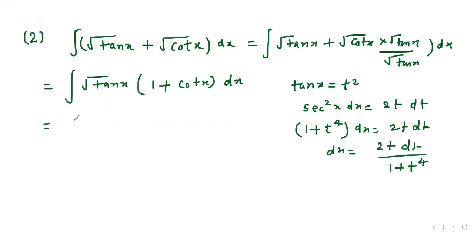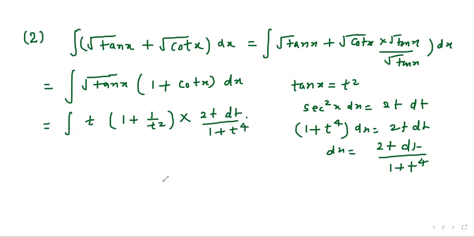So we will get integration, since root tan x equal to t, or tan x equal to t square. So from here we will get t, and this will become 1 plus 1 upon t square times 2t dt divided by 1 plus t power 4. Now from here this will become 2t square.